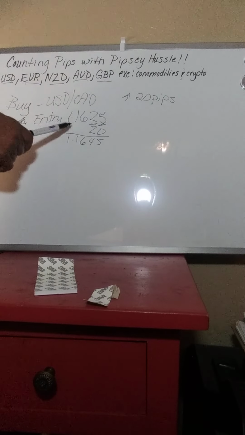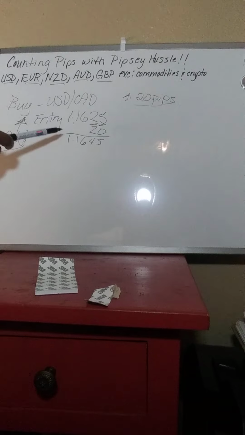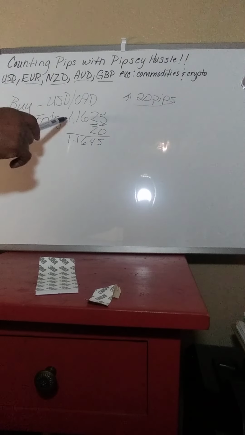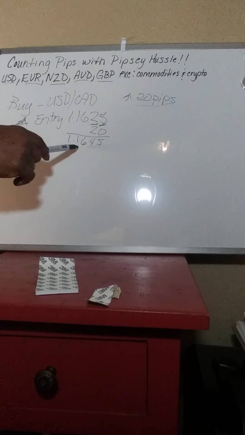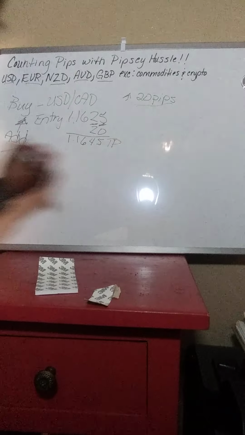You would add 20 to the last 2 numbers in this sequence and get 1.1645. That would be considered your take profit zone.